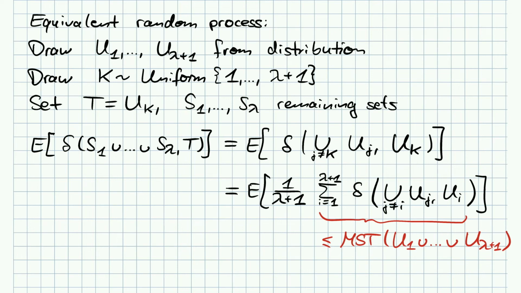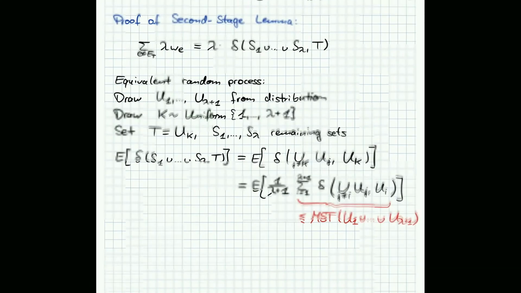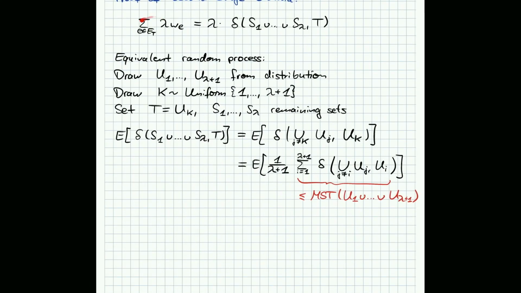Good. So this tells us now that the expected second stage cost is how much? Well, it's lambda times what we have here. And this is something that we can bound via this.